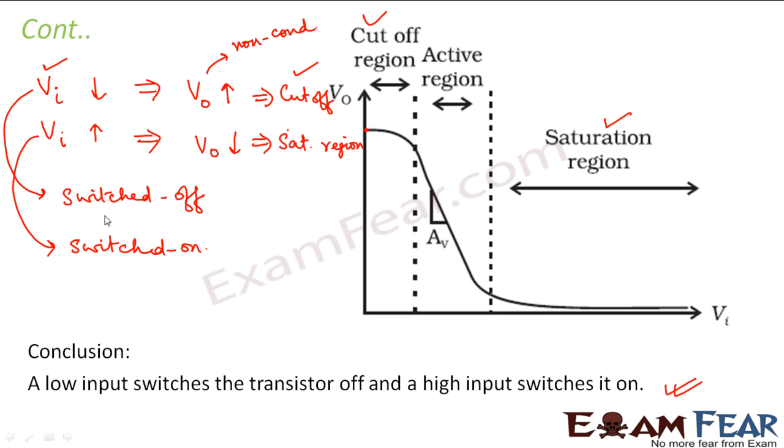And using this graph, we can see that a low input switches the transistor off in the cutoff region, and a high input switches the transistor on in the saturation region. Right? So this is what we discussed for the first application of transistor as a switch.